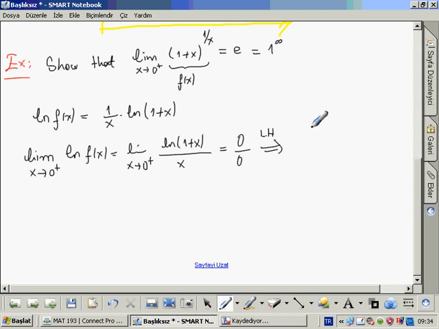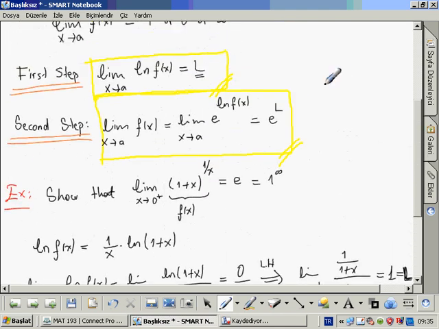After that it will be the limit of 1 over 1 plus x over 1, and this part will be 1, which is the capital L value.